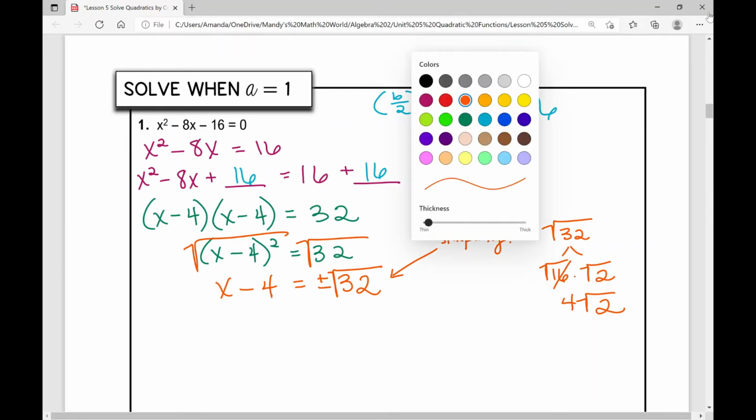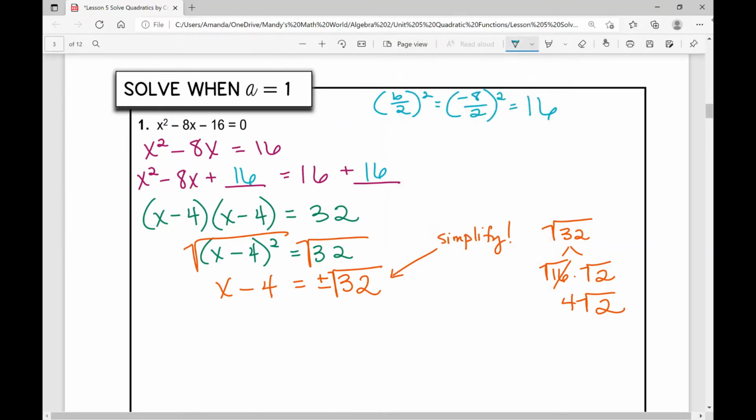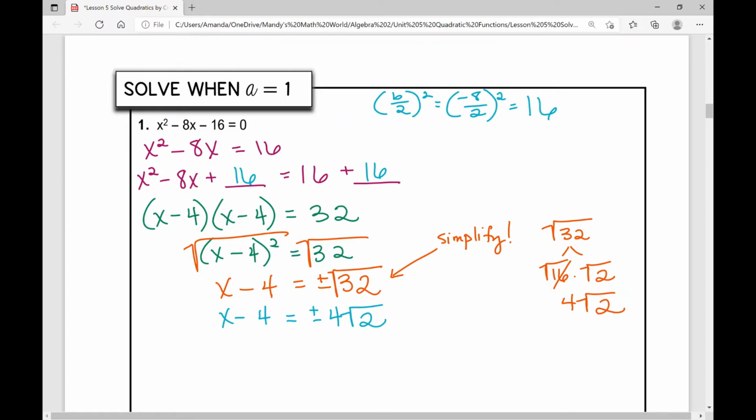So let's rewrite all of this. X minus 4 equals positive or negative 4 times the square root of 2, or 4 square roots of 2. Remember, our goal is to get the variable all by itself, so I need to add 4 to both sides. So I get x equals 4 plus or minus 4 times the square root of 2.